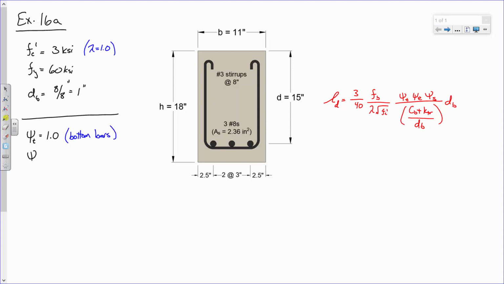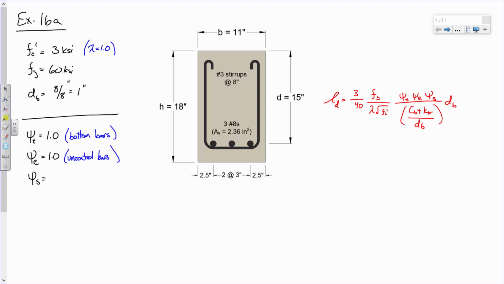What about psi_e? What's the deal with psi_e? It's uncoated, so it's 1. Exactly right. And so what I'm doing here in the calcs is I'm saying, okay, here's the value, and then next to it I'm saying why. Uncoated bars. All right?